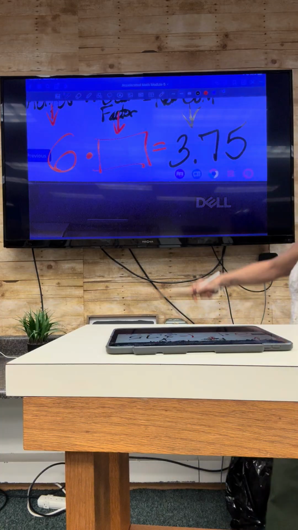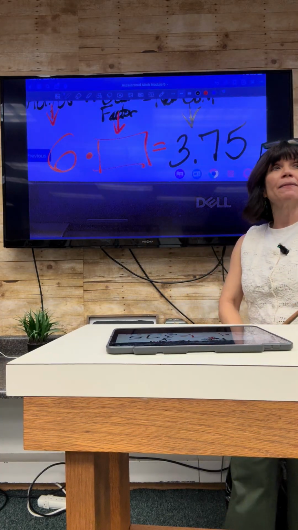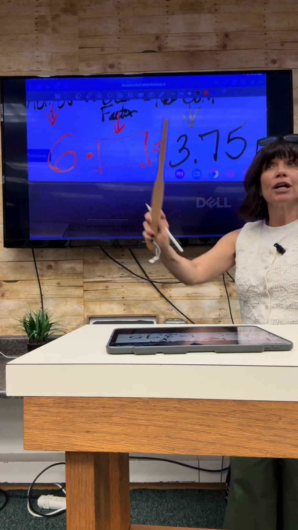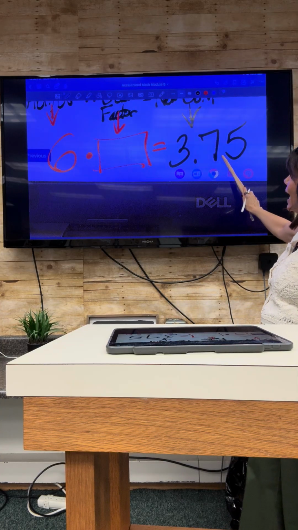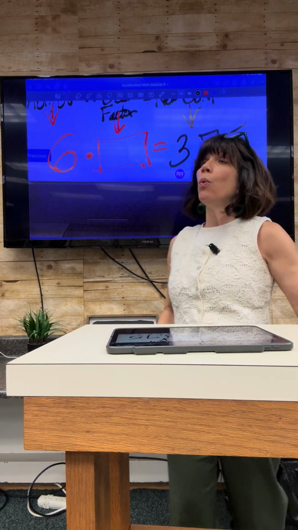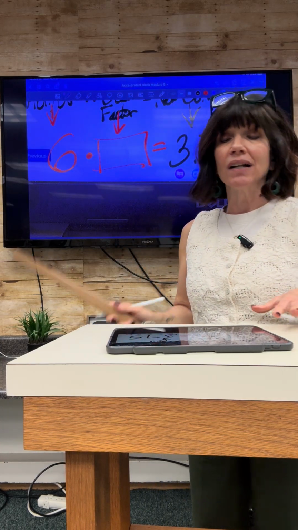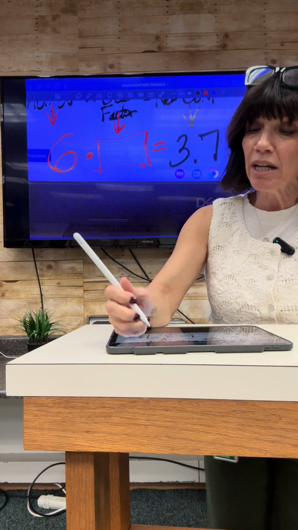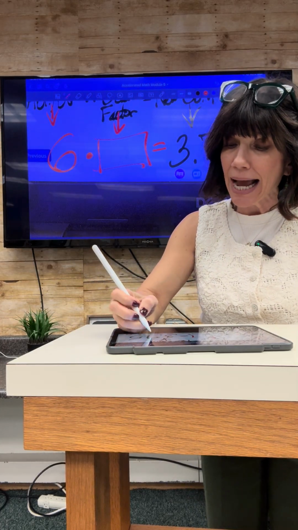Now ask yourself this. If I am missing a factor, how do I find that missing factor? I grab my product and I divide by 6 to get my missing factor. We're not writing this down. I'm not letting you say it out loud, but wouldn't it be smart of you to do this right now?